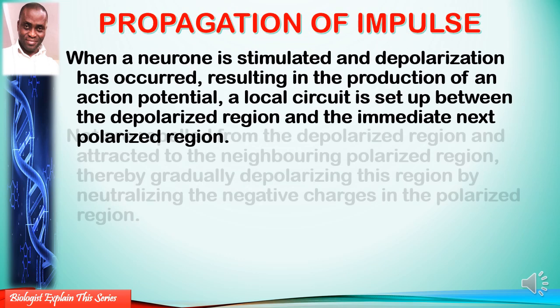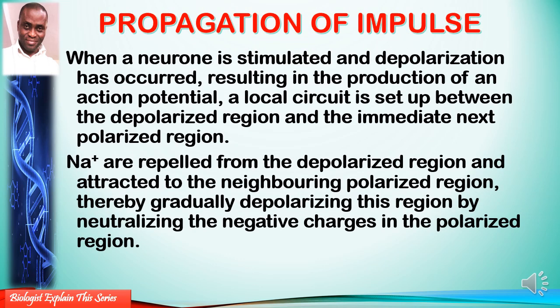Let's begin our discussion in detail on how an impulse is transmitted along the length of a neuron. If we remember what we discussed last time on impulse generation, we discussed the concept of local circuits between a depolarized region and the neighboring or adjacent region.